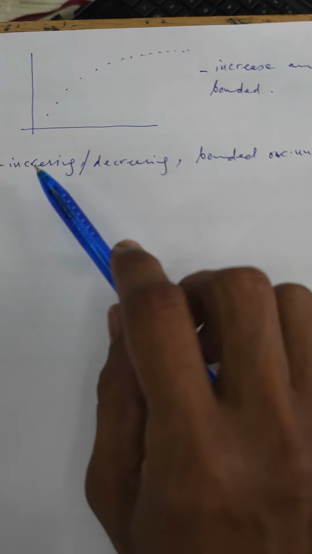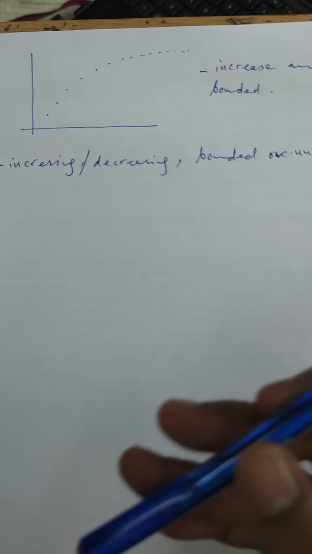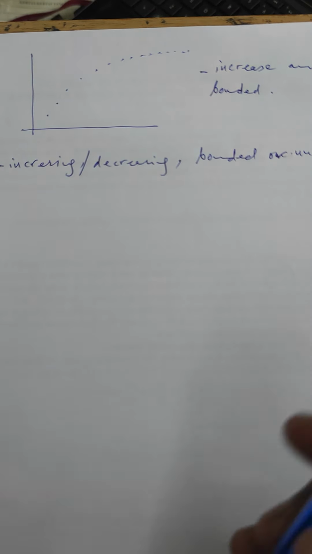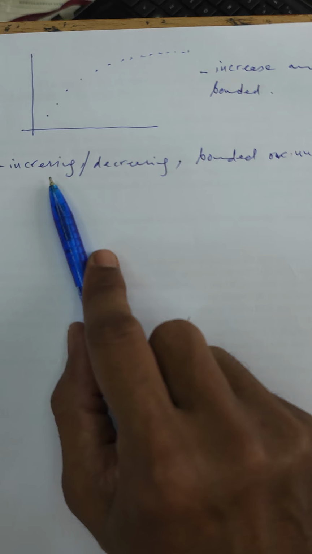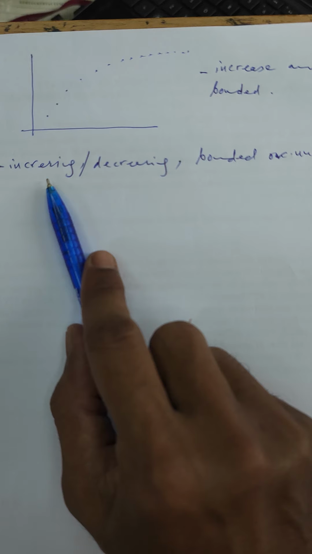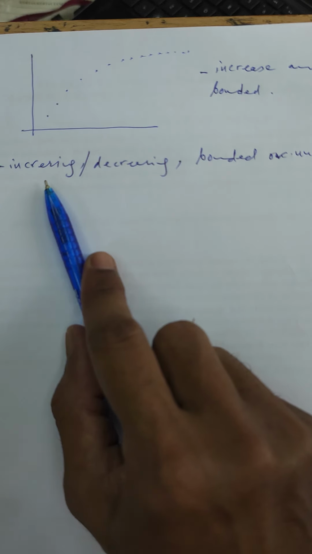Alright, so we have either increasing without bound, which means it keeps on increasing, or increasing and approaching a certain limit, a certain number. In that case we say it increases and approaches its limit.